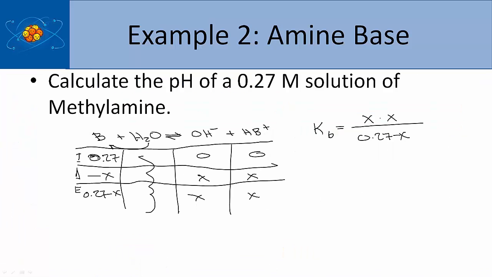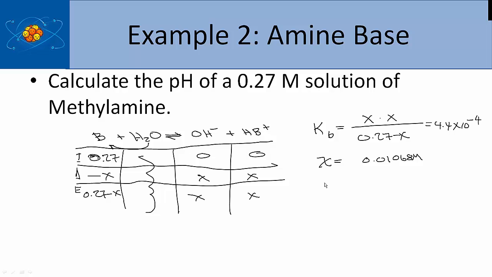So let's go back. Here we are back at the problem. We know that Kb is equal to 4.4 times 10 to the minus 4. And again, I just went to Wolfram Alpha. You could solve this using a quadratic equation or the solver in your calculator. What you find is that x, again, which is the OH minus concentration, is 0.01068 molar.